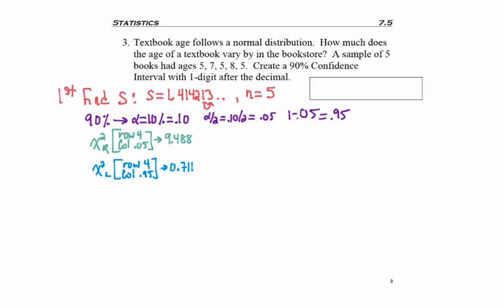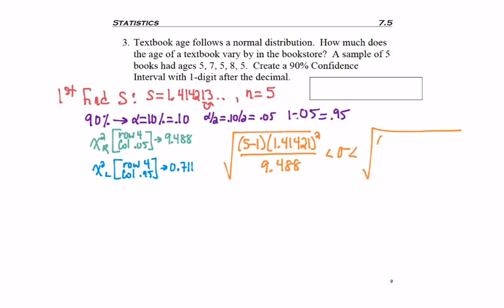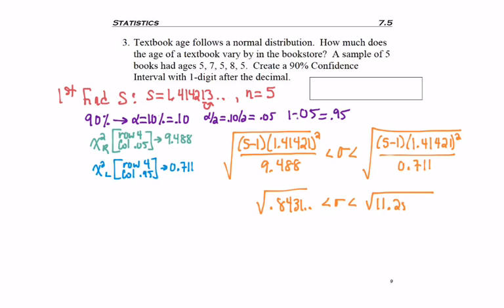0.711? Okay, so I'm taking the giant square root of n minus 1 times s squared divided by my chi-squared right, and hopefully my population standard deviation is between that number and the square root of n minus 1 times s squared divided by chi-squared left. I enter that into my calculator.